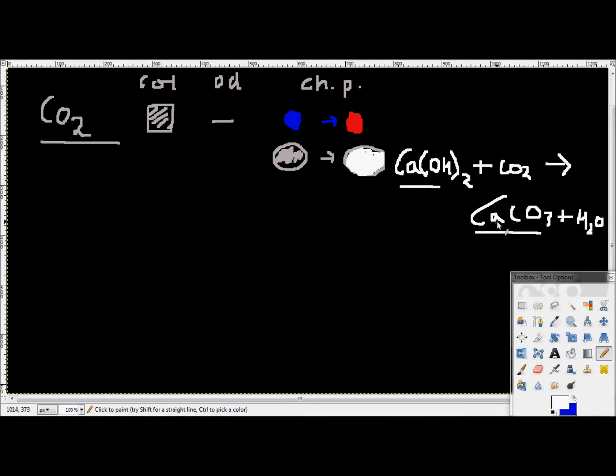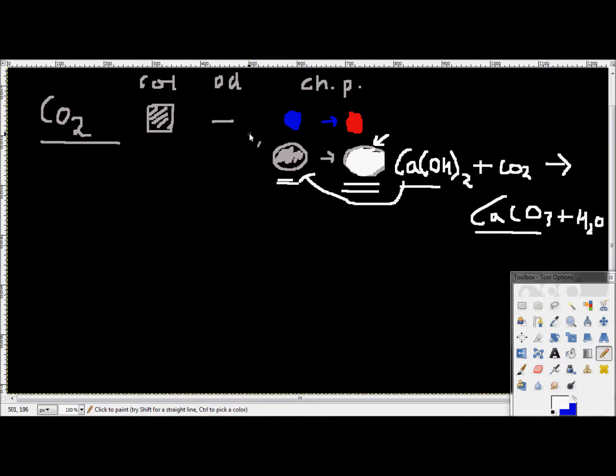That's the compound that you see over here. This is CaCO3 plus H2O. So it's basically that CaCO3 has this milky appearance, which is why you see it over here, while Ca(OH)2 looks something like this. So that's the chemistry behind that property.